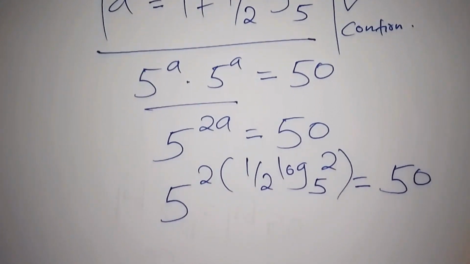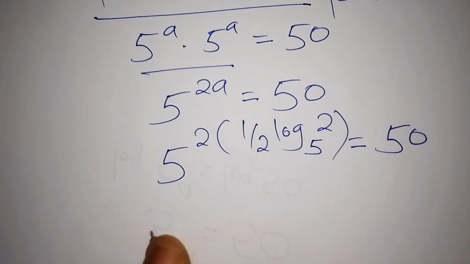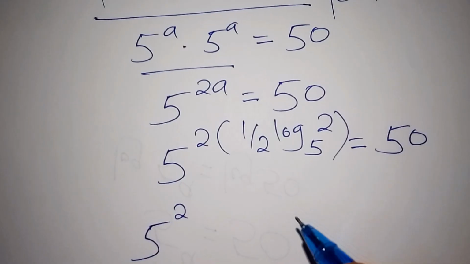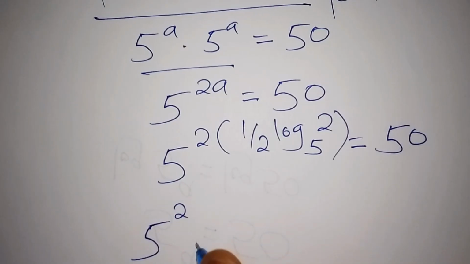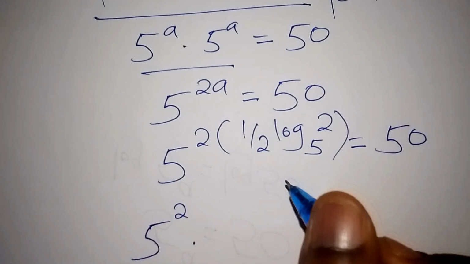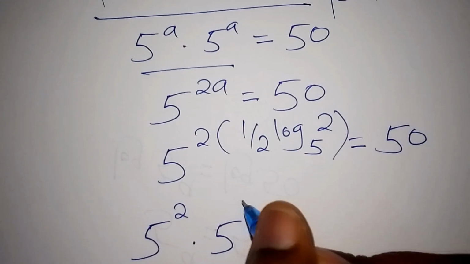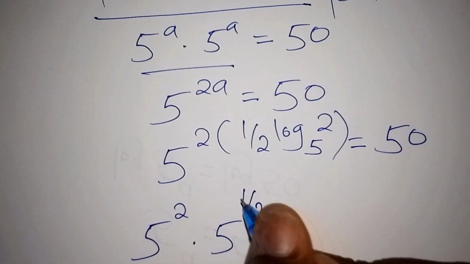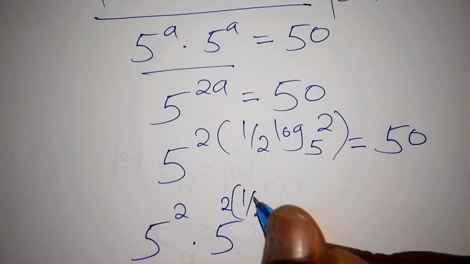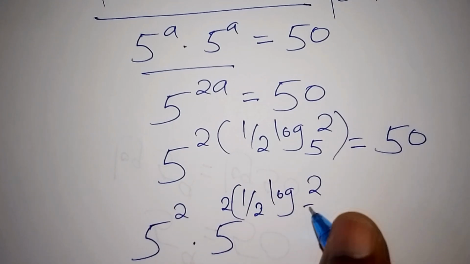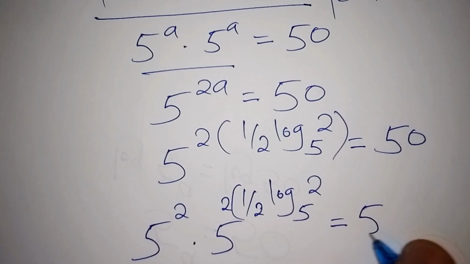From here we shall say 5 to the power of 2, multiplied by, because into bracket means multiply, 5 to the power of a half, remember it was 2 into bracket the log of 2 to the base of 5, is equal to 50.